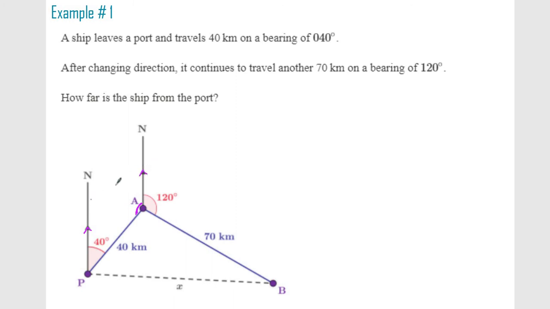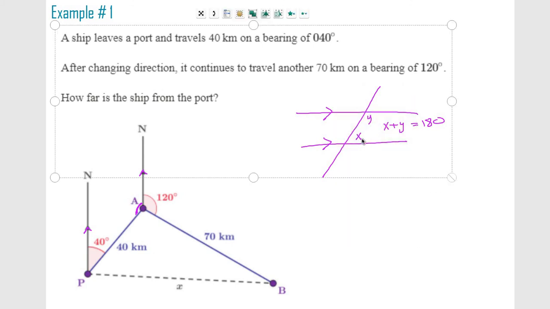When you have two parallel lines and a transversal, these two angles have to add up to 180. So x plus y have to equal 180. Hopefully you remember that.